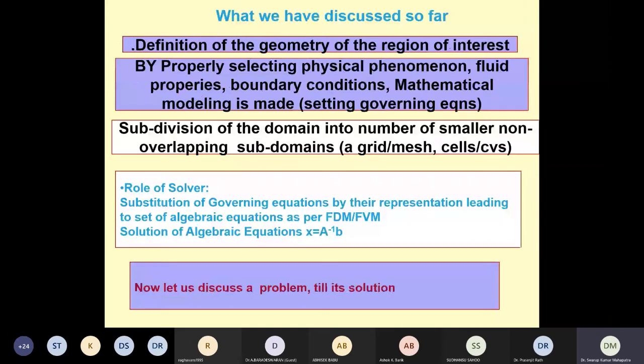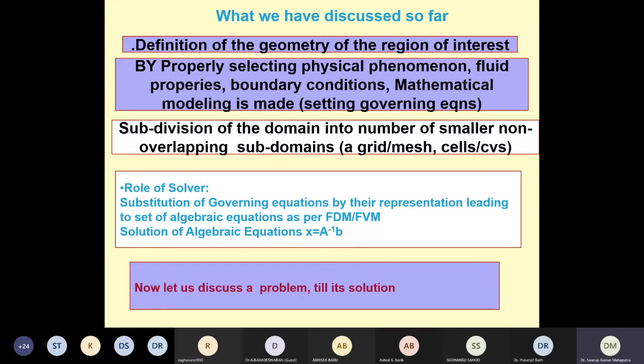What we mean to say is this: the geometry of the region of definition needs to be defined, and proper physical phenomena, fluid properties, boundary conditions and mathematical modeling are made. Subdivision means discretization of the domain needs to be made.